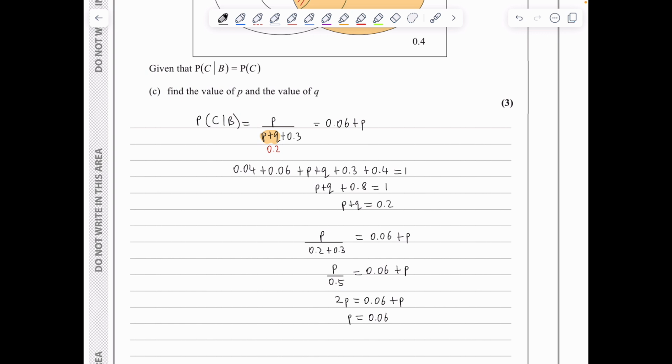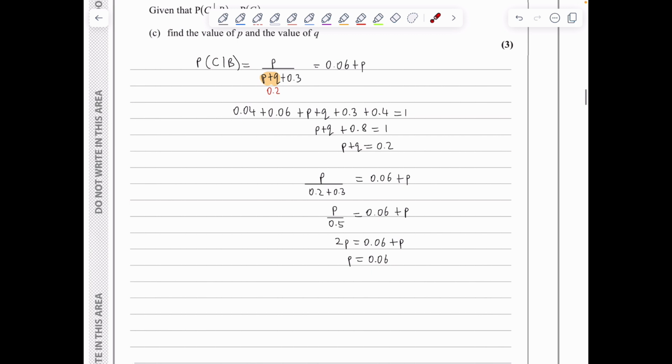Now to find Q, the only thing that remains is to substitute the value of P being 0.06 there. So we've got 0.06 plus Q is 0.2, and therefore Q is 0.14.